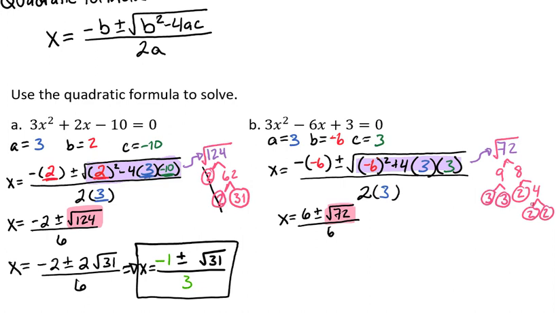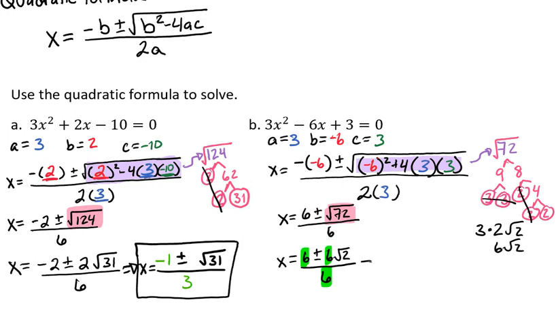So we're again ready to rewrite this. So we have x equals 6 plus or minus. We have a pair of 3's and a pair of 2's and then 2 left over. So that's going to be a 6 radical 2. So we'll put our 6 radical 2 in that spot all over 6. And then here we see that our 6 and that 6 all have a 6 in common.